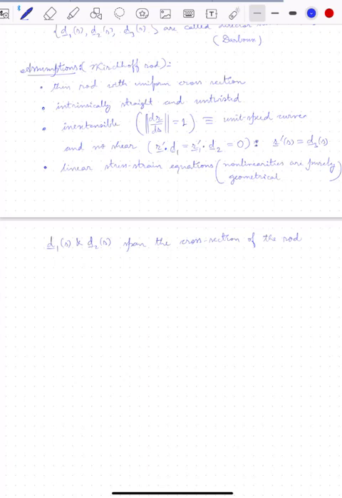Just take a cross section, a segment of a rod, something like this. And there's the center line. This is the tangent, which is d3 of s. This will be the d1 direction, and then d2 is perpendicular to it, so d2 of s.